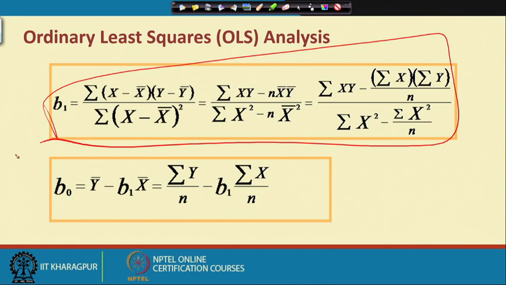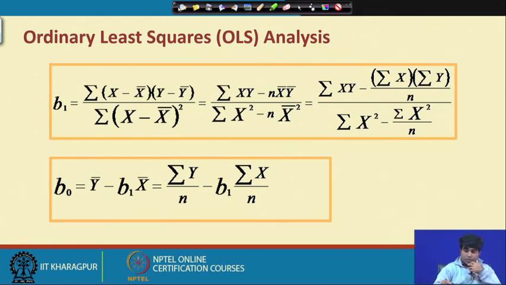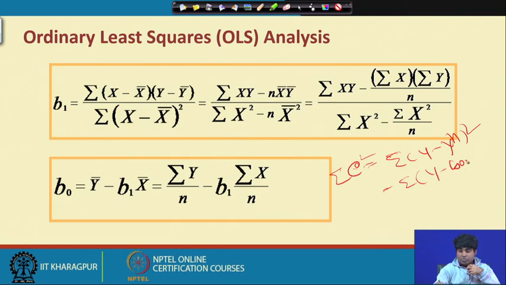The second one is b0 equals y bar minus b1 x bar. Let me give you the idea: summation e squared equals summation of (y minus y hat) whole squared, which is nothing but summation of (y minus b0 minus b1 x) whole squared.